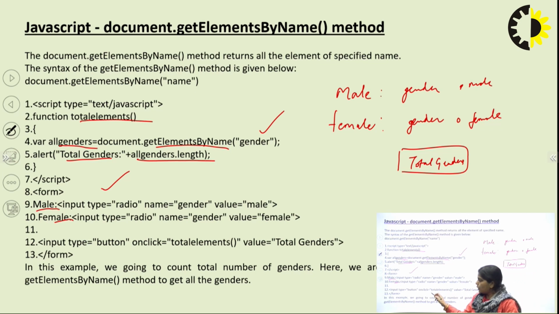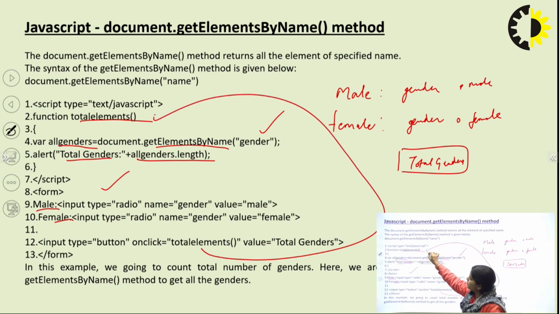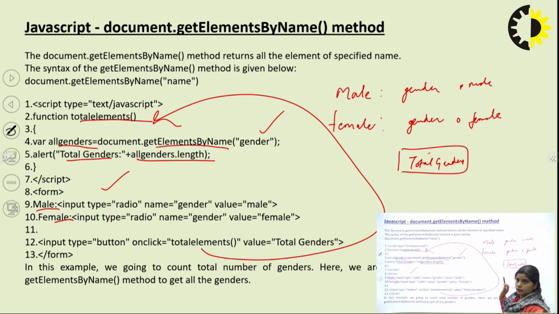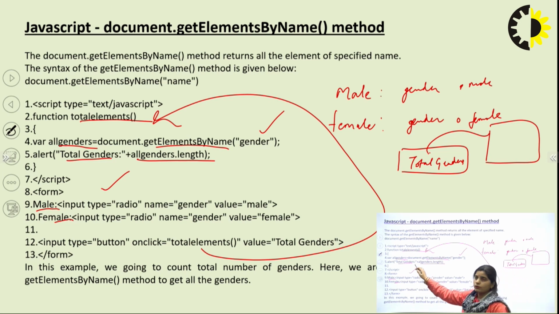The onclick event of that button calls the totalElements function of the program. Whenever we click on that button, it immediately moves to the alert window, and inside the alert window we have totalGenders.